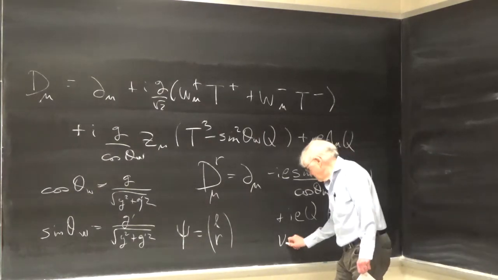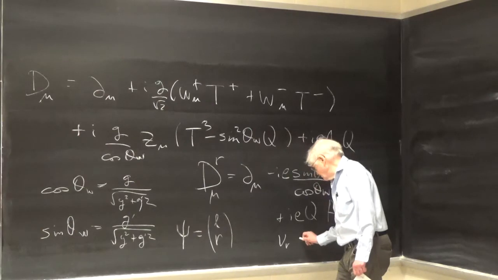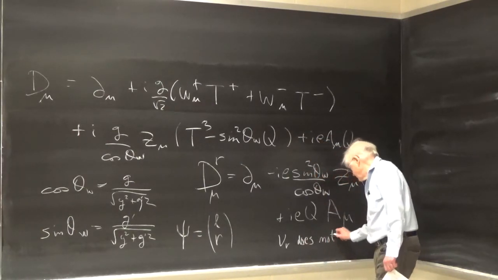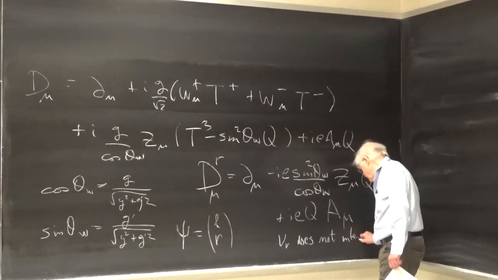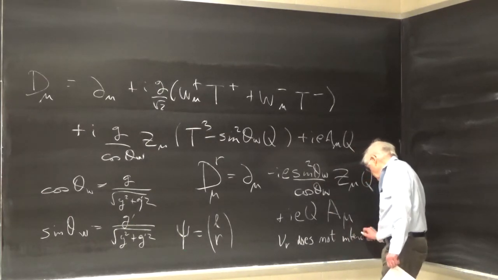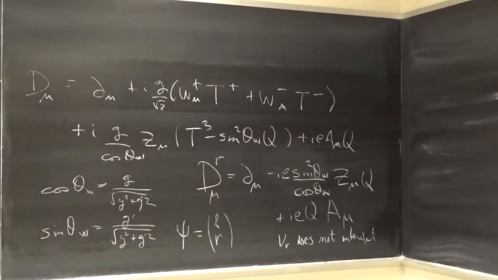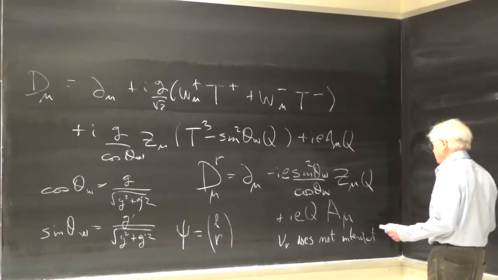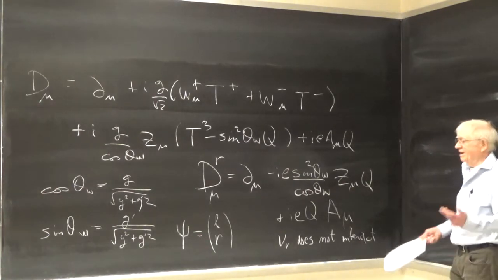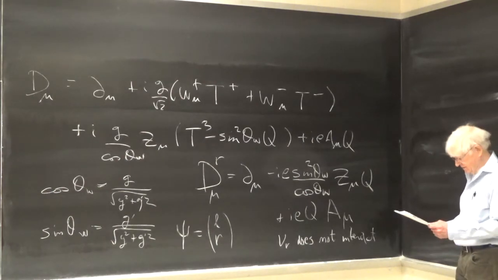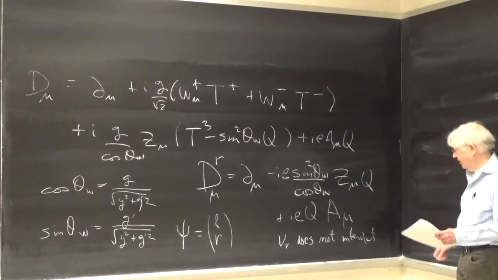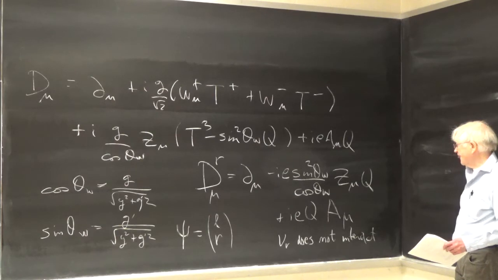So the right-handed neutrino does not interact. In the narrowly formulated standard model, some people don't even put it in the standard model.